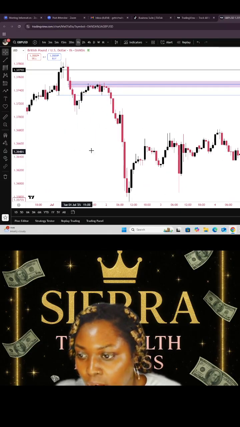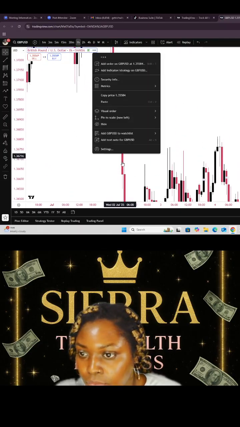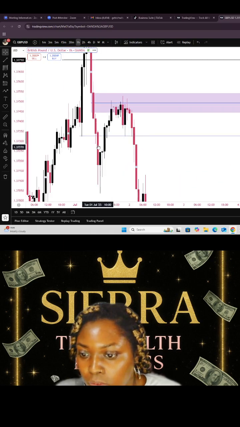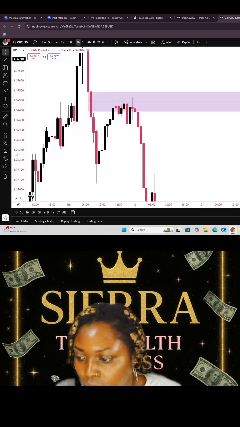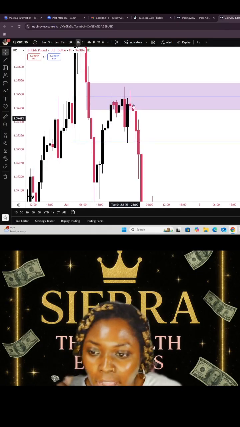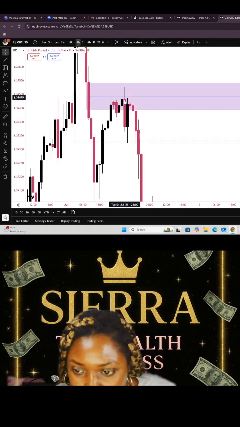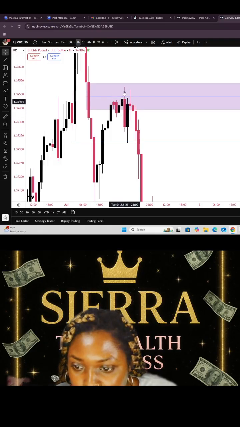Let's zoom into our candlestick patterns here. And here, I got a bearish engulfing. Okay. It ran the low and the high. It completely engulfs that candle.